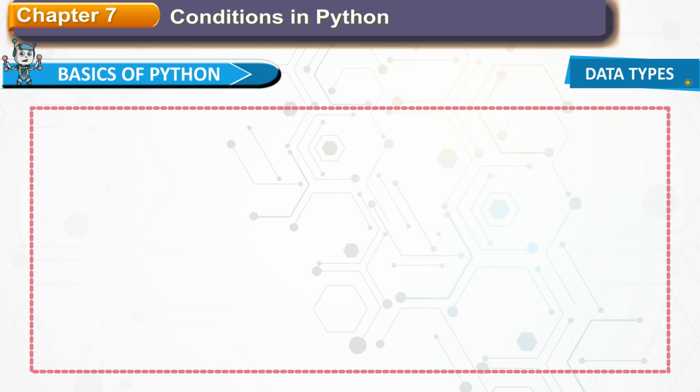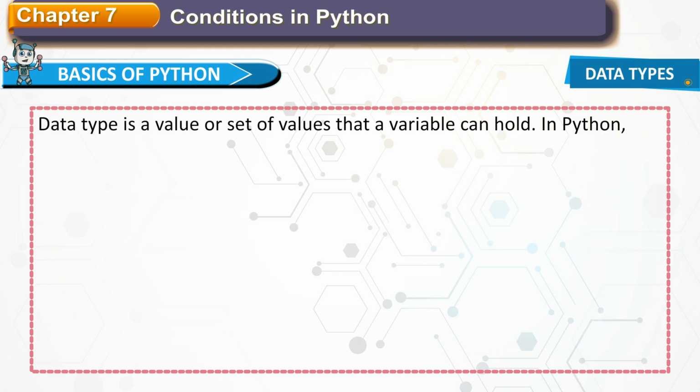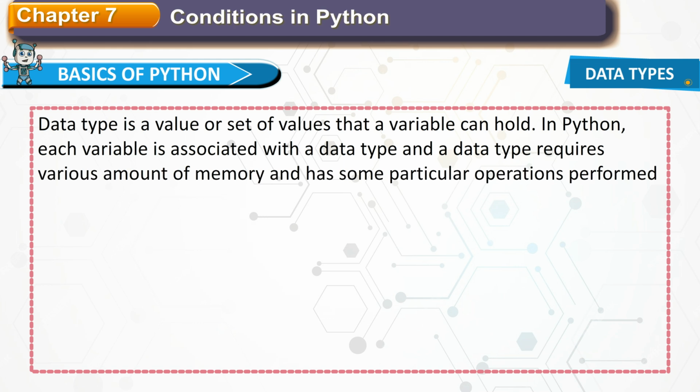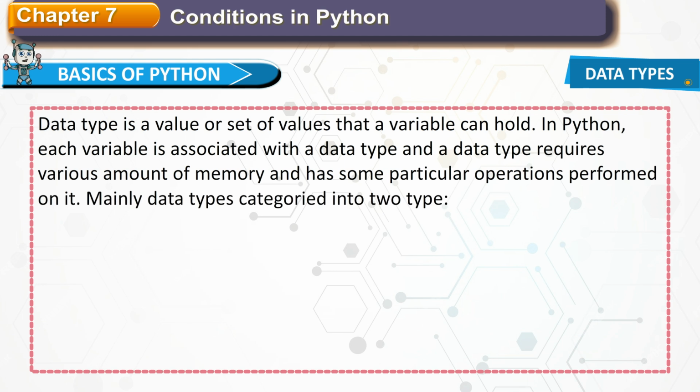Data types. Data type is a value or set of values that a variable can hold. In Python, each variable is associated with a data type, and a data type requires various amount of memory and has some particular operations performed on it.